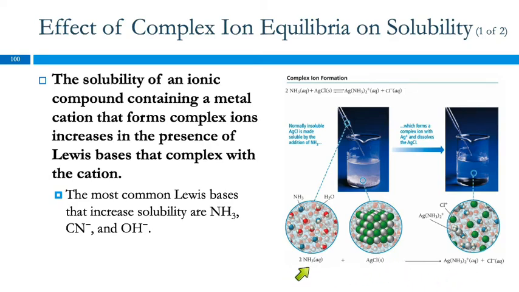So here, if we put silver chloride in ammonia, as the silver chloride dissolves just a little tiny bit, the ammonia complexes the silver ions. It's removing the product, and so the equilibrium shifts and dissolves more. The most common Lewis bases to increase solubility are ammonia, cyanide, and hydroxide.